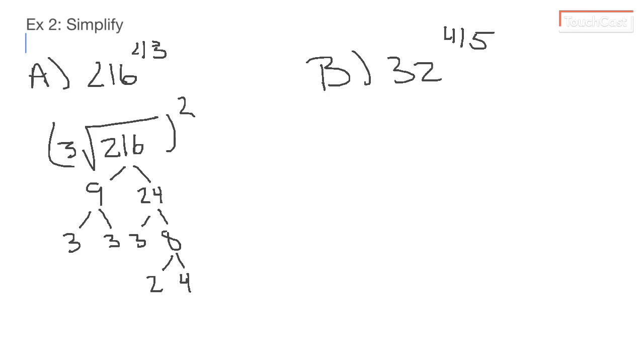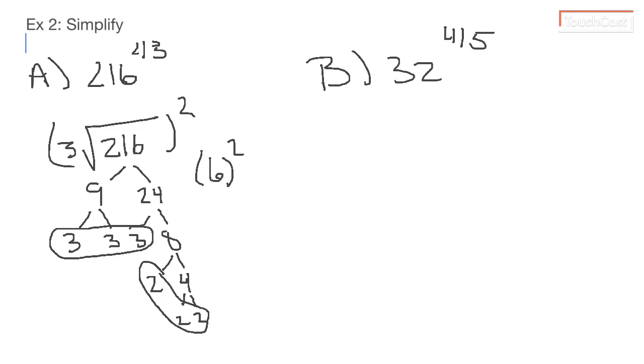That's 2 and 4, and then 2 and 2. Since this is the cube root, we're looking for trios, 3 of the same number, and we've got 3 3's and 3 2's. So 3 times 2 is 6. So this is going to be 6 to the power of 2. 6 squared is 36, which means 216 to the power of 2/3 is going to equal 36.